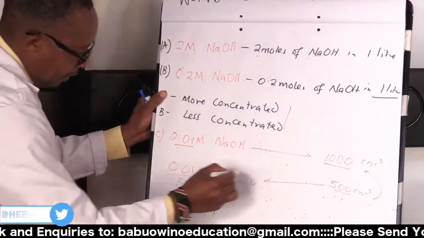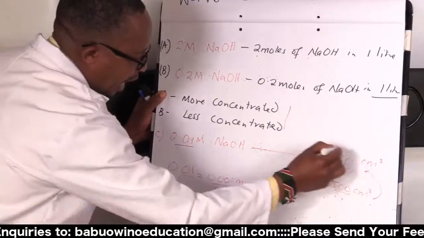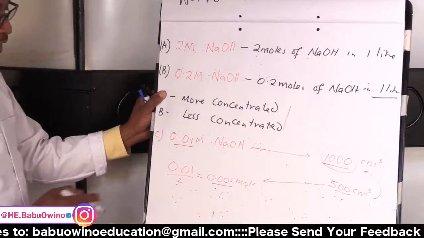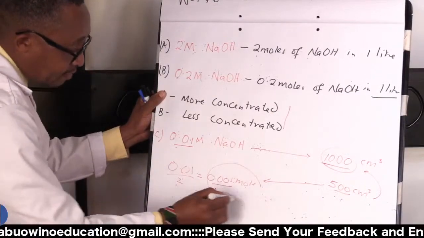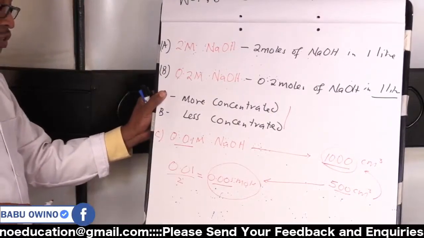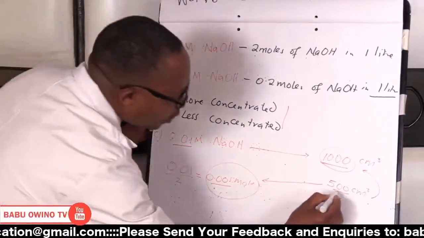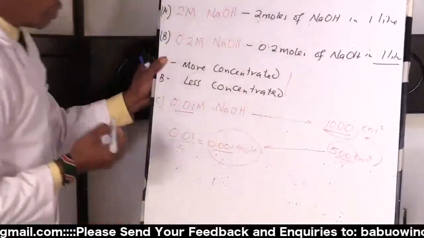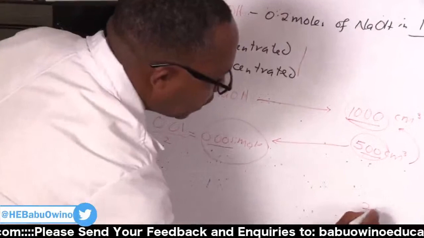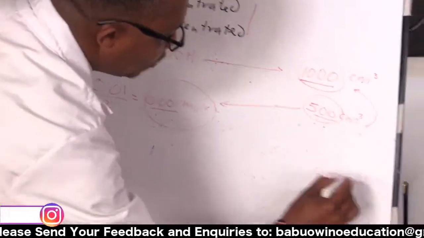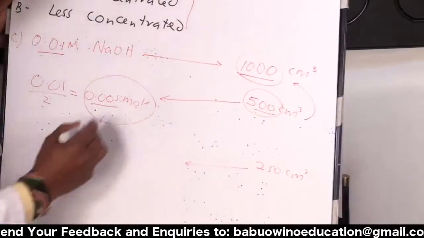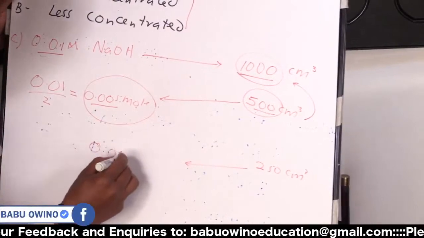In other words, if we take half of this, it is going to have in itself 0.005. If we now fetch 250 centimeters cubed of that, it would have this number of moles present.